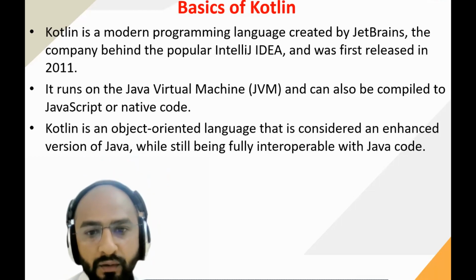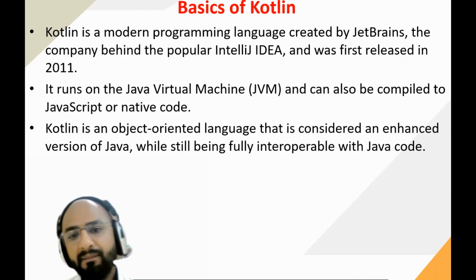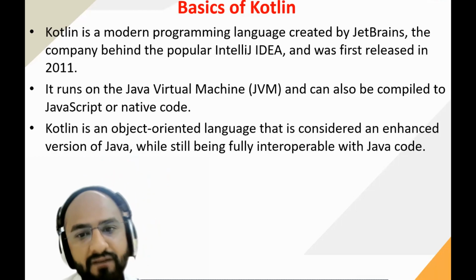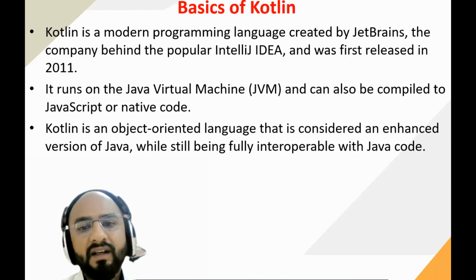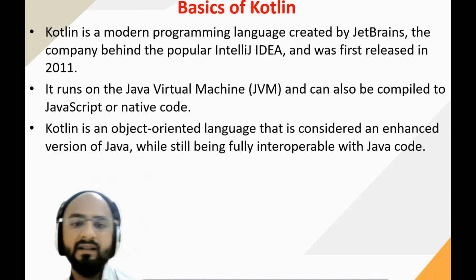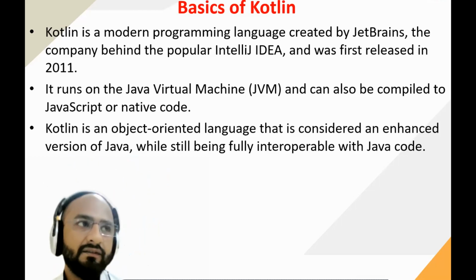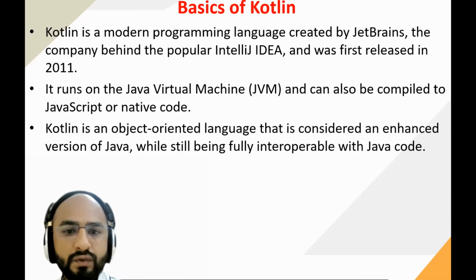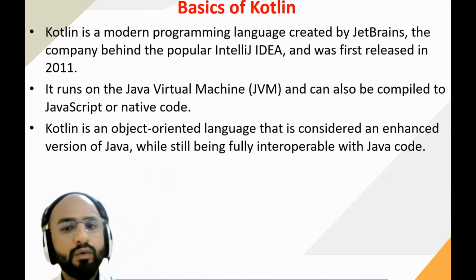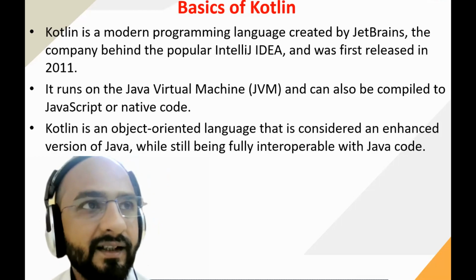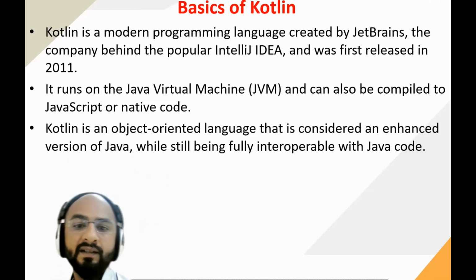In your computer, there will be a JVM. But if you do not install the JVM, it is available built into the IntelliJ IDE. So we are not going to install the JVM. It will be available in the IntelliJ IDE. So we just need to install the IntelliJ IDE, right?